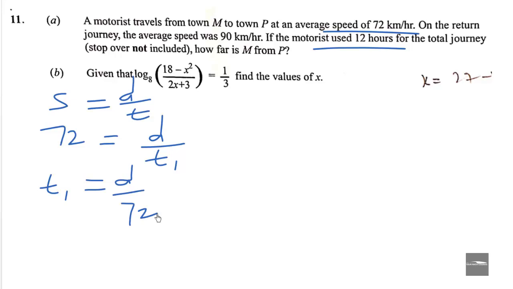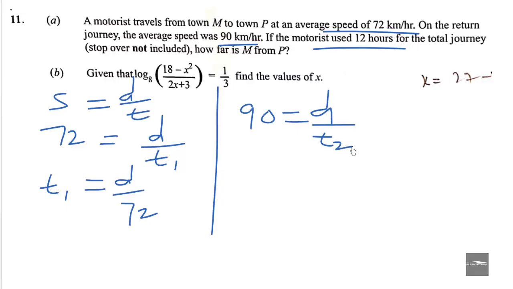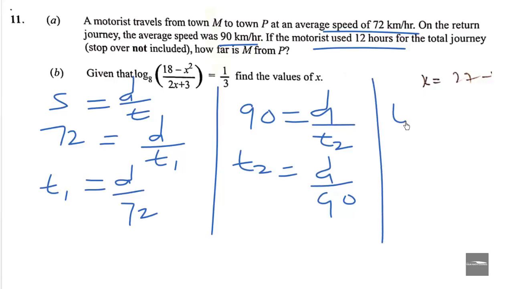But in a similar way, we can have t2, which is from the 90 kilometers per hour. That is the second phase of the journey, or the return journey. So the speed is equal to the same distance over the second time taken. So the second time taken will be equal to d over 90. And we're told that when we add the two times, t1 plus t2, we should get 12.